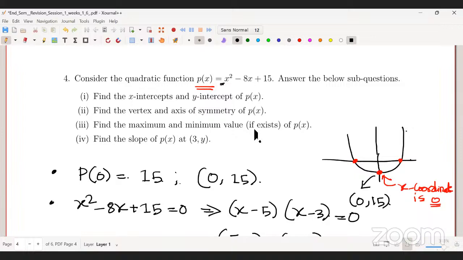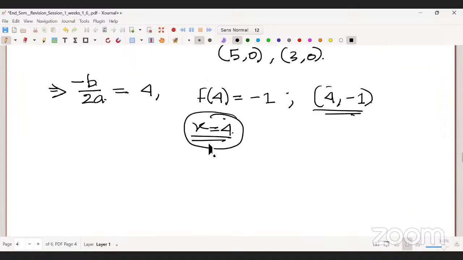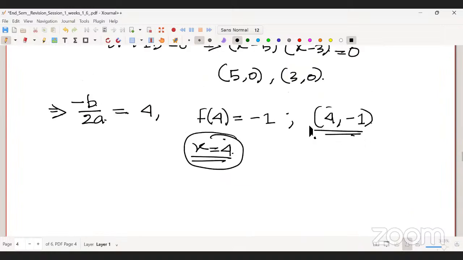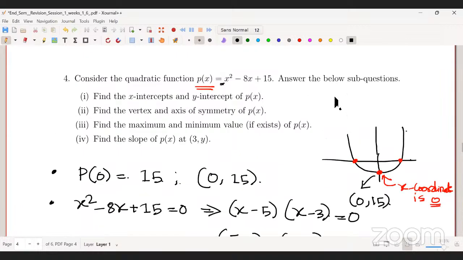Yes, since this is a parabola which is opening upward, it will attain its minimum value at x equal to 4, and the value of the parabola at 4 is minus 1. So the minimum value is minus 1.